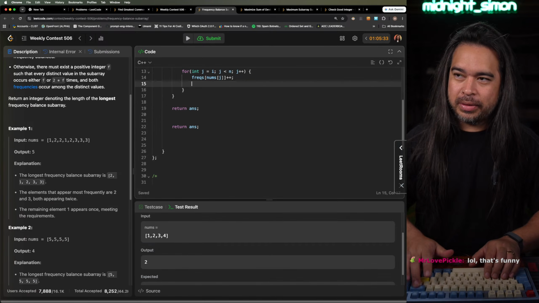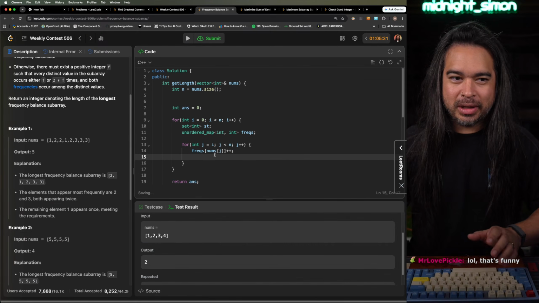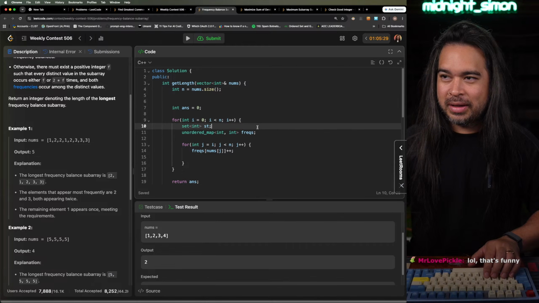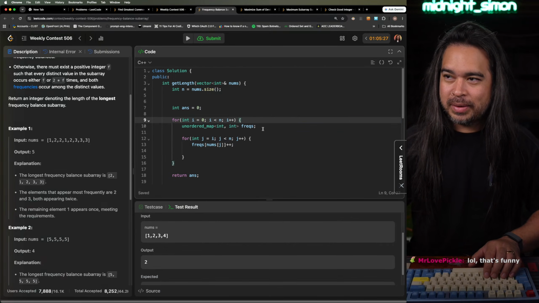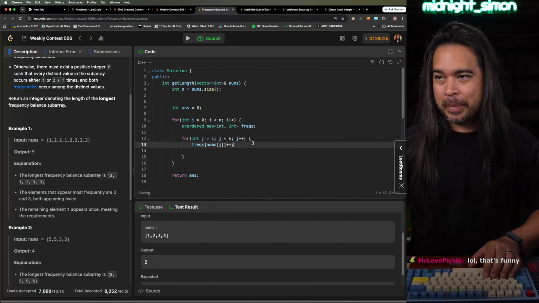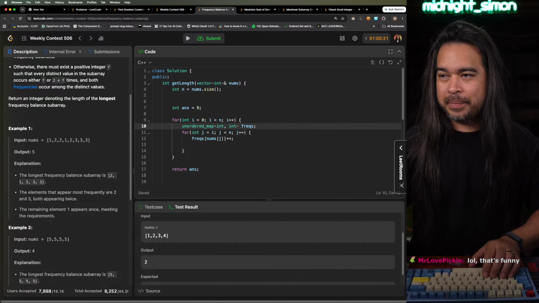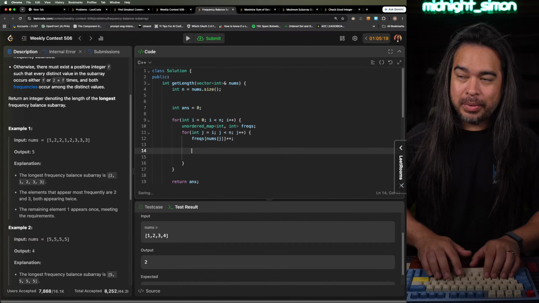Let me just redo this whole part, man, because I'm confusing myself. So maybe I just keep track of the frequencies. And then I'll just do some bootleg checks here.